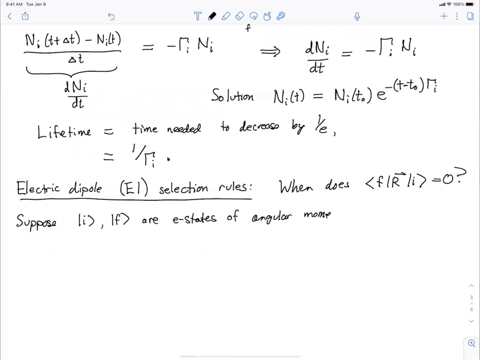We already know they're supposed to be eigenstates of the unperturbed Hamiltonian as well. In order for this to be true, our unperturbed Hamiltonian better commute with angular momentum, but it often does.